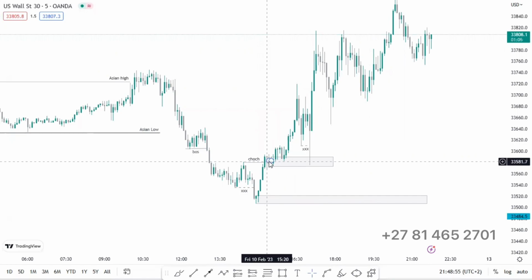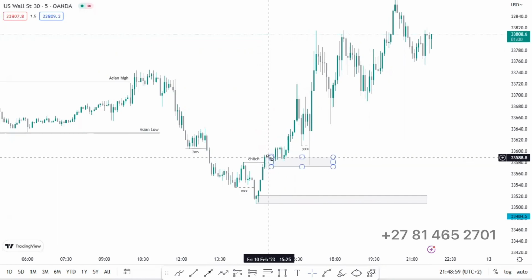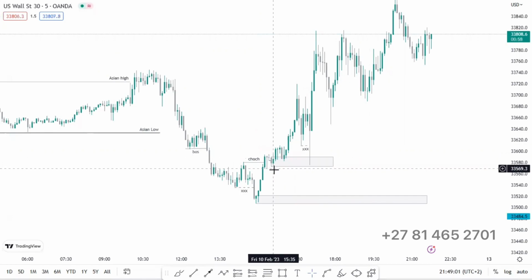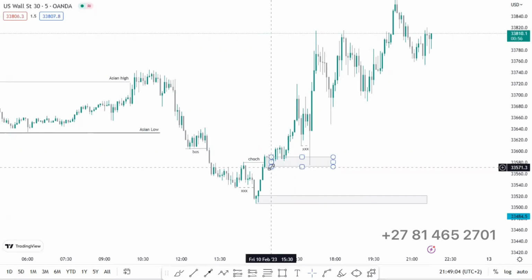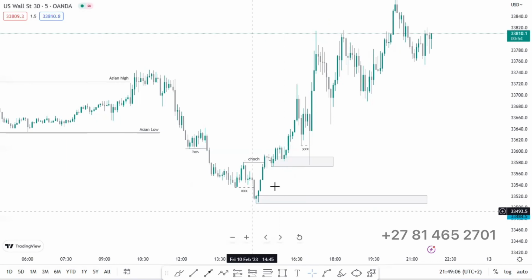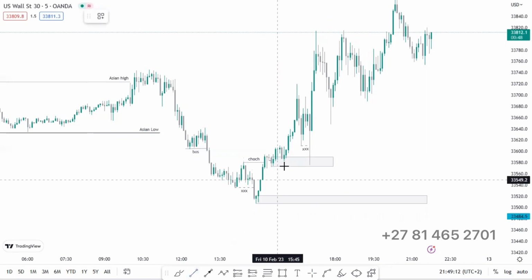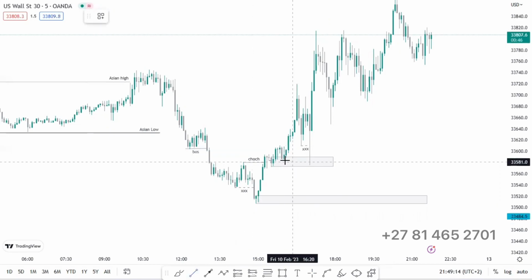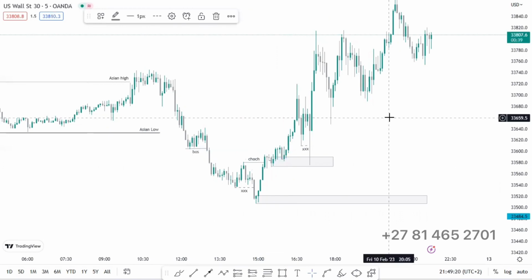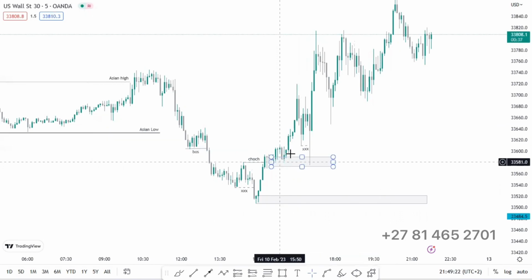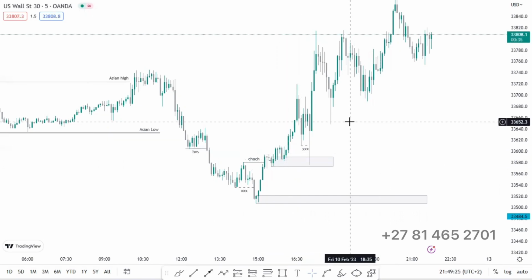It took out some liquidity, it took out this low here, to form this gray candlestick or selling candlestick. Whilst this one didn't really take. Okay, it took some liquidity, but there's another candlestick which closed below it, as you guys can see there.